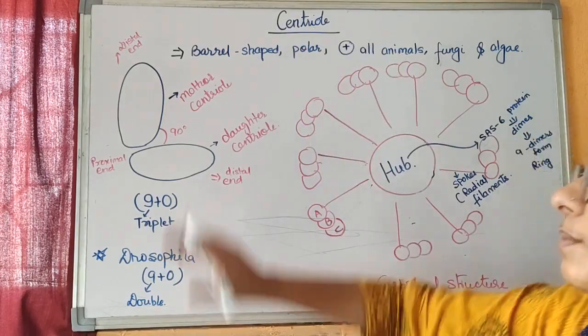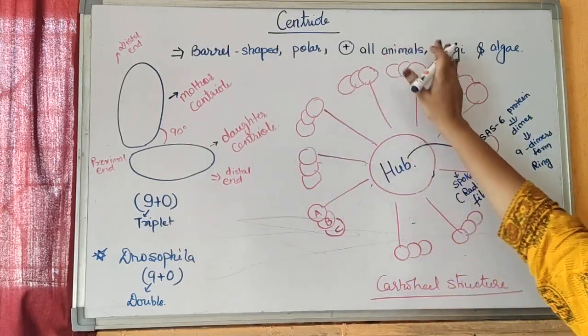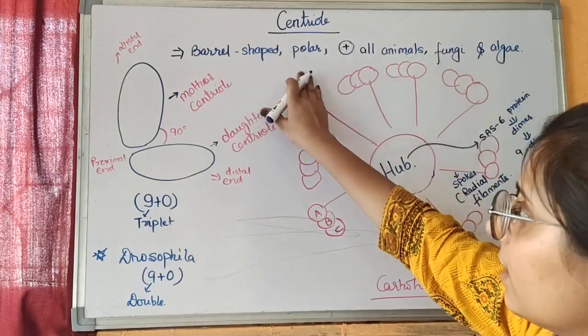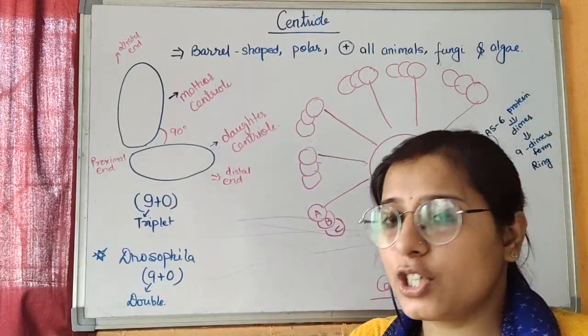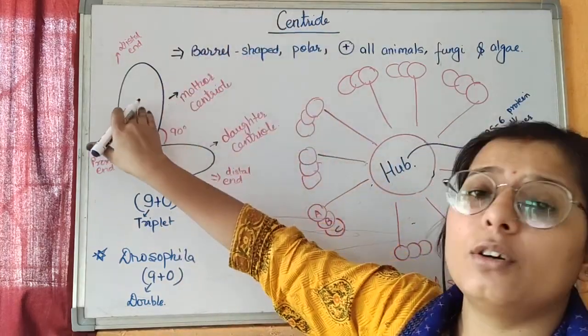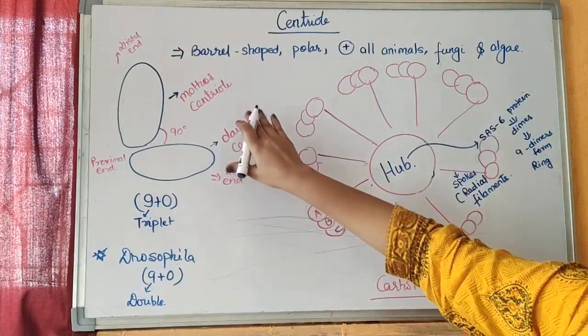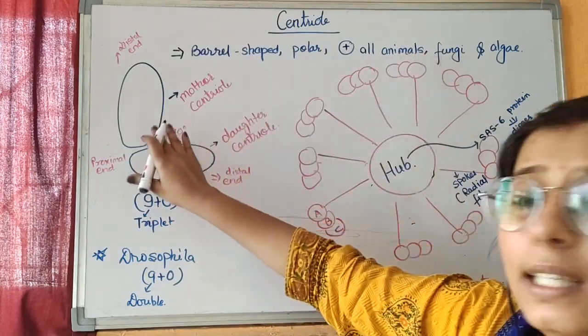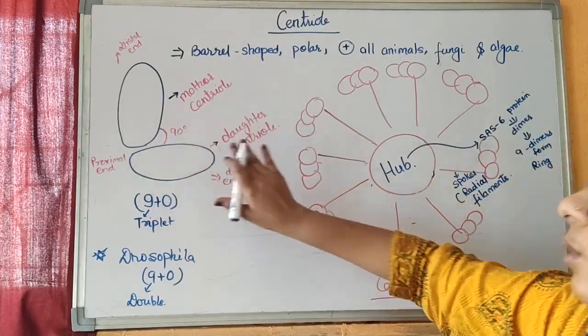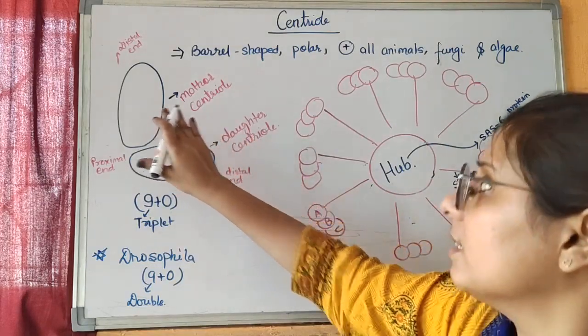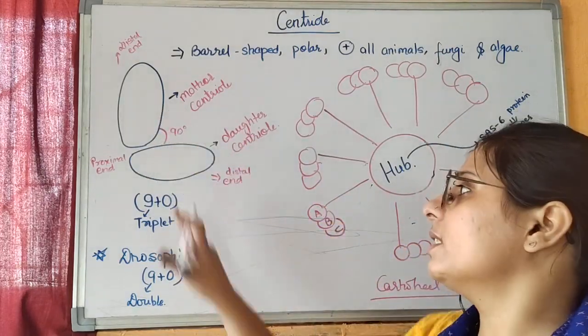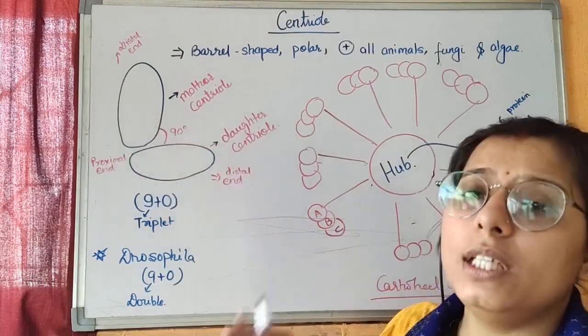Coming to the most important microtubular structure, the centriole. The centriole is present in all animals, fungi and algae. It's a polar structure and it has a barrel shape. It has a mother centriole and a daughter centriole, and these 2 centrioles are always perpendicular to each other.